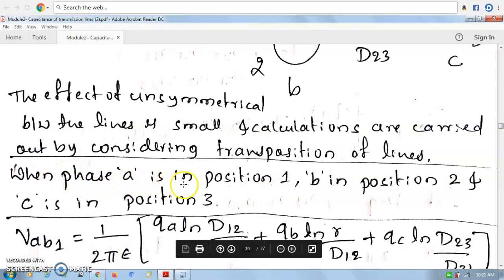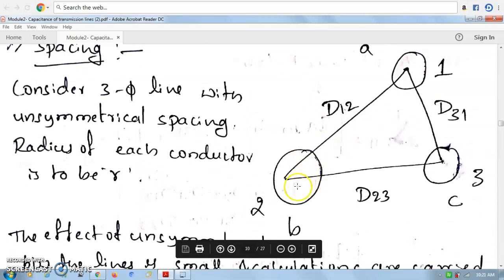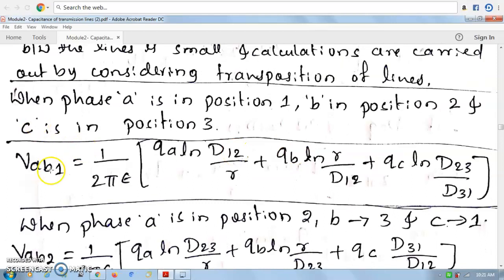When conductor A is in the first position, conductor B is in the second position, conductor C is in the third position. So here conductor A is the first position, this is the second position, this is the third position for C. VAB is equal to what? VAB between conductor A and conductor B when A is at the first position. 1 divided by 2 pi epsilon, take it common.